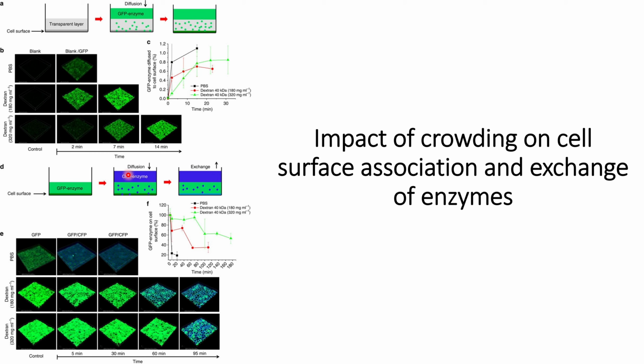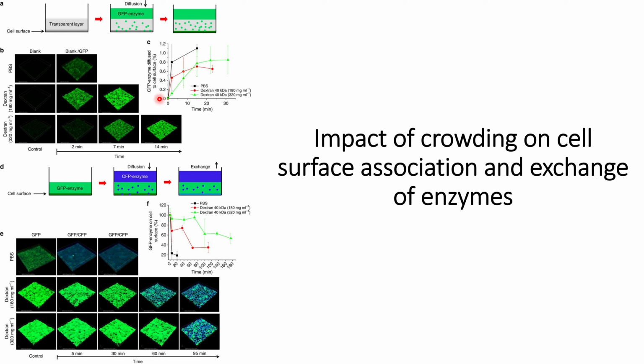After 7 minutes, they can see a higher fluorescence image for the 180 milligram per ml concentration of Dextran, but for the 320 milligram per ml Dextran, the intensity of fluorescence is low, and it increases with time.